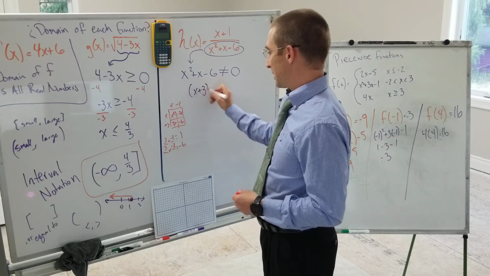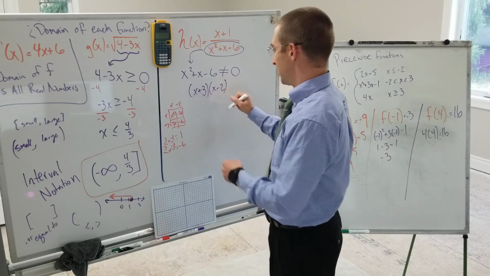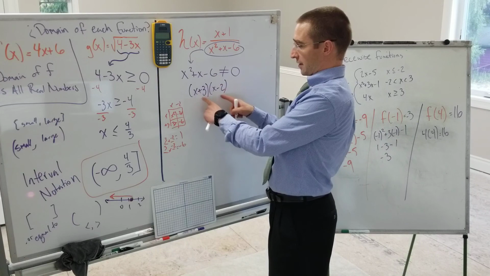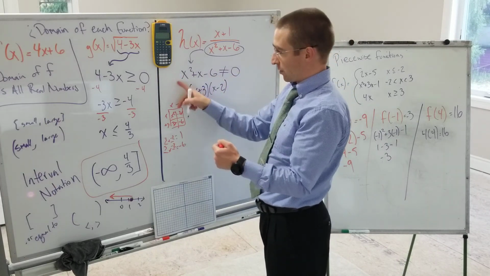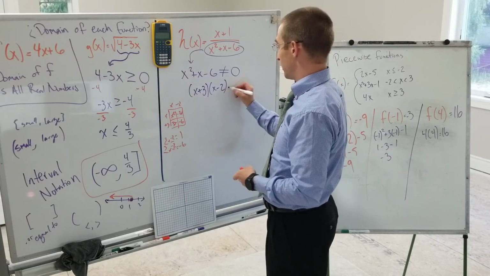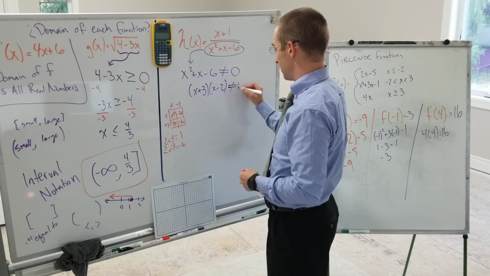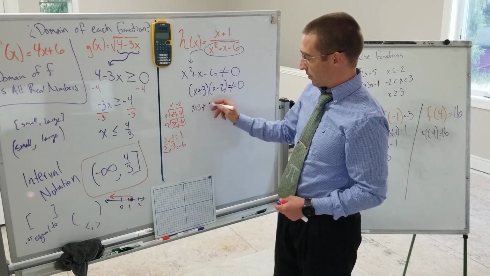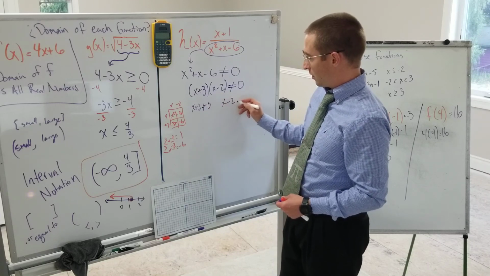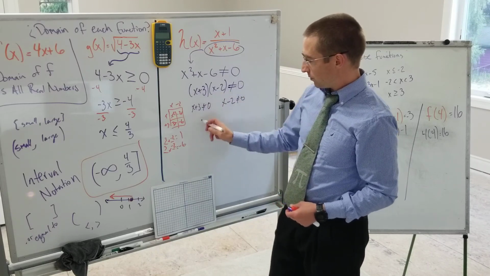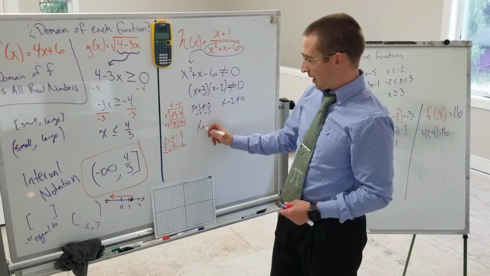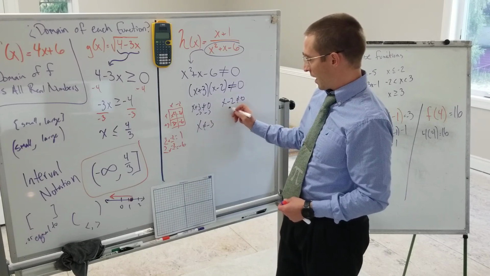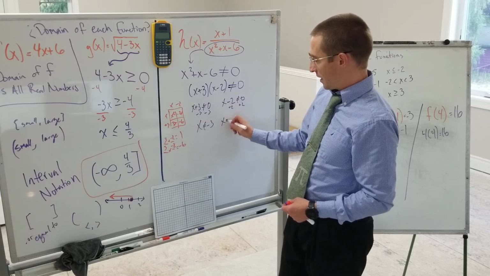X plus 3 times x minus 2, because that multiplies to the negative 6 and adds to the 1, because there's a 1 in front of the x squared here. So that is not equal to 0, which means x plus 3 cannot equal 0 and x minus 2 cannot equal 0. Take away 3: x cannot equal negative 3. Add 2: x cannot equal 2.